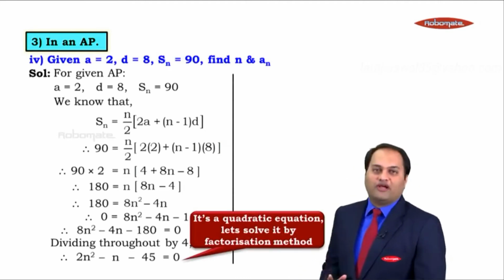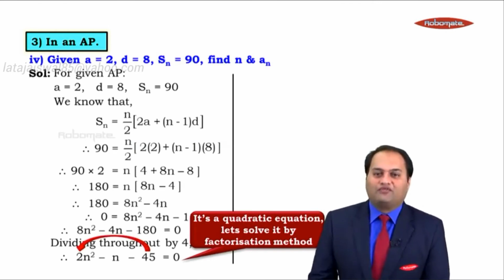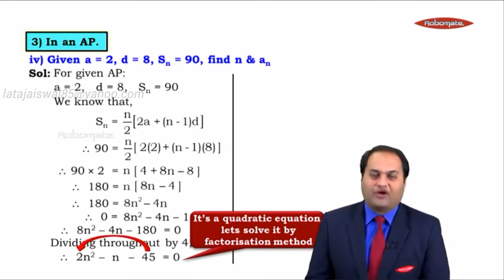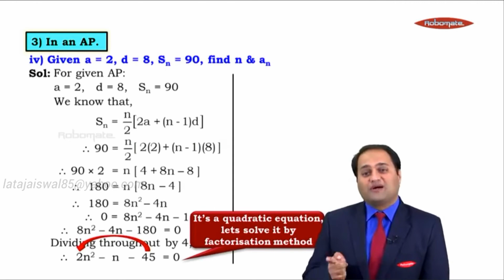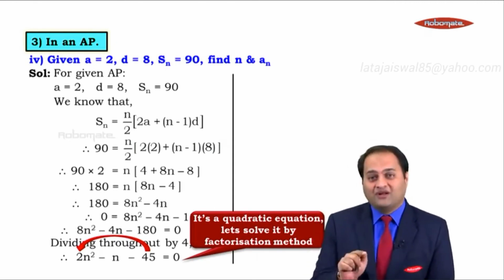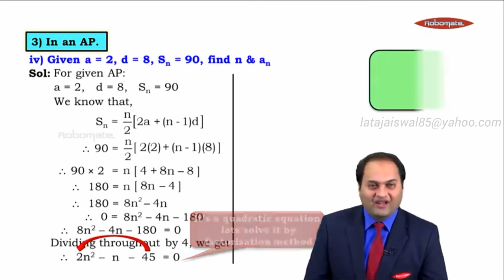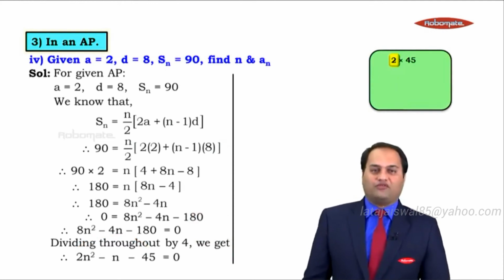Let's now solve it by the method of factorization. How do we do it? We need to find the factors of 2 into 45, that's 90, which on subtraction gives us minus 1. Why on subtraction? Because the last term's sign is negative. Right? So let's find the factors of 2 and 45. The factor of 2 is 2.